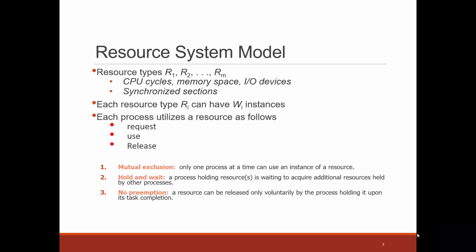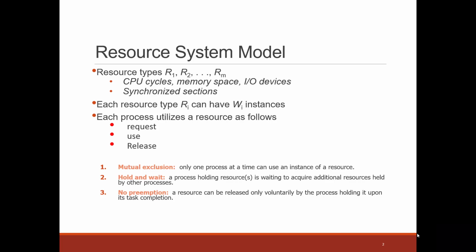First, let me introduce the resource system model. Resources are things that are shared by multiple processes. For instance, a synchronized section in Java, or a critical section guarded by a mutex in C++. They can also be things like memory space or I/O devices if we want to look more generally.